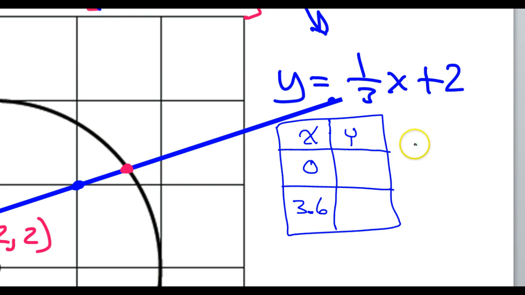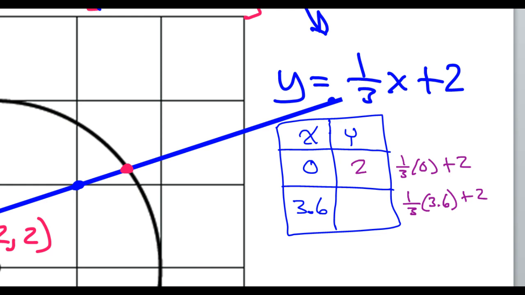Alright, let me switch colors because I'm doing something different. If x is 0, then this equation becomes 1/3 times 0 plus 2. Well, 1/3 times 0 is 0, and 0 plus 2 is 2. So that's 0, 2. But if I put in 3.6, then I've got 1/3 times 3.6 plus 2.